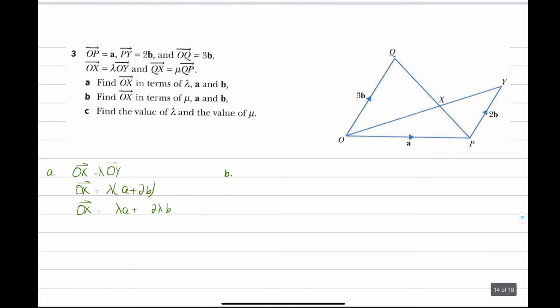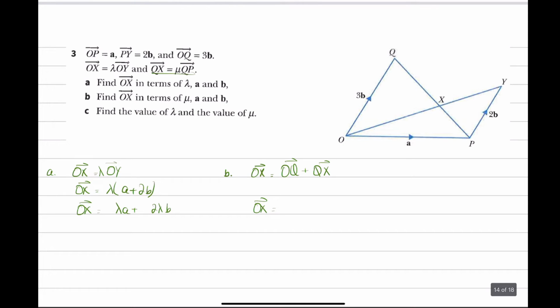So in order to find OX in terms of mu, A and B, here's what you need to do. You need to do OQ plus QX. That's going to give you OX. The reason we've opted for this and not anything else is because we know what QX is in terms of mu. It's given in the question.